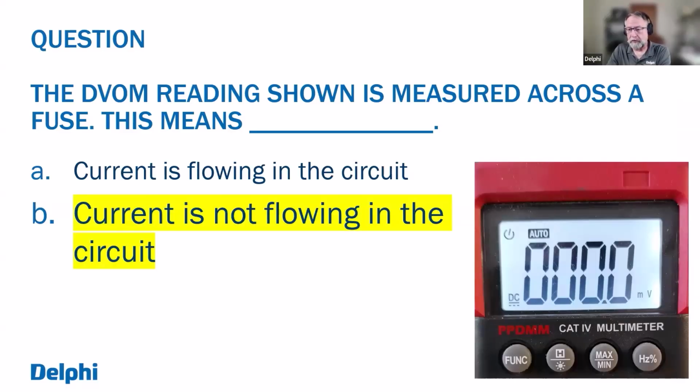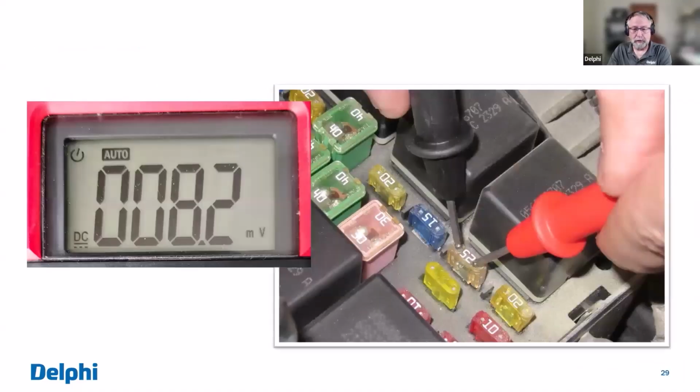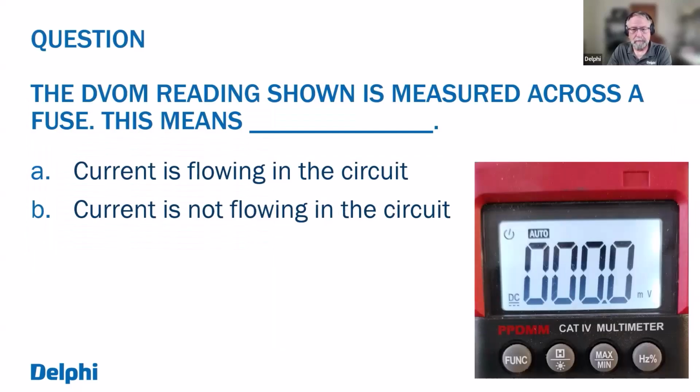If you're taking a voltage measurement across a fuse and you get that for a reading, it's telling you there's no current flow in the circuit. Okay. Back here, different story. Now there is current flow in the circuit, and the amount of voltage drop that's taking place is going to be in direct proportion to the amount of current that's flowing through it.